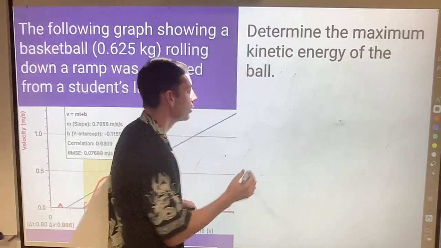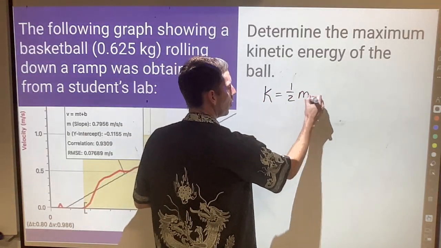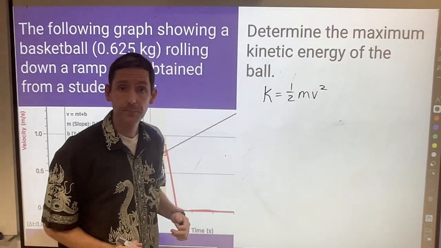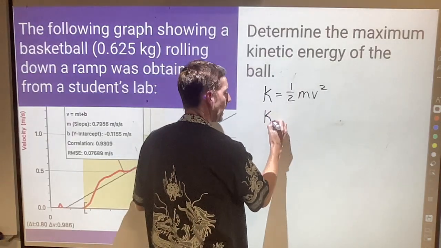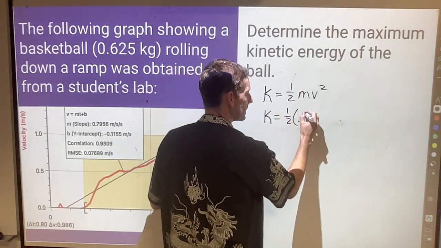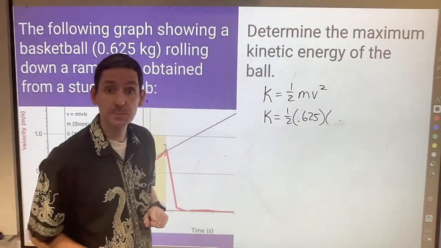All right. Well, we know that kinetic energy equals 1/2 mv squared. Now we know the mass is 0.625. So K equals 1/2 times 0.625. And now I need the speed.